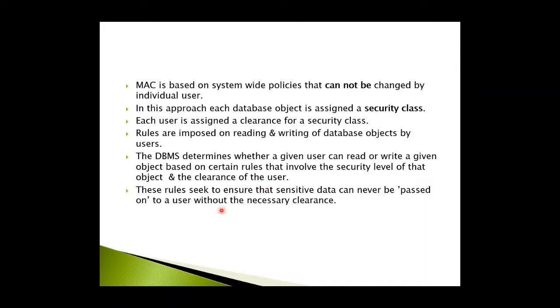These rules seek to ensure that sensitive data can never be passed on to a user without the necessary clearance. Why is this clearance concept invented in this access control mechanism? Of course, to see to it that no sensitive data can be accessed or passed on to a user who does not have the rights to see or access that particular data.